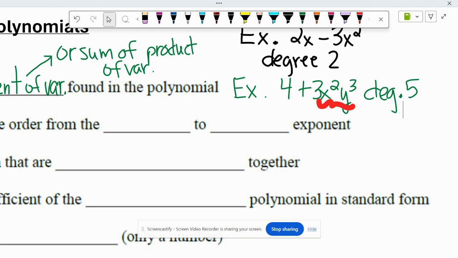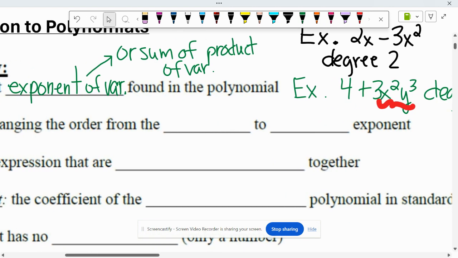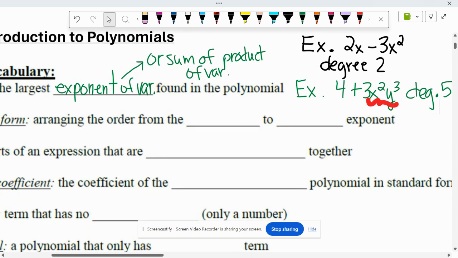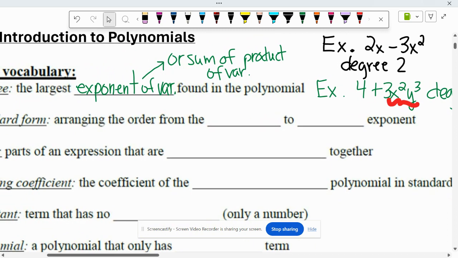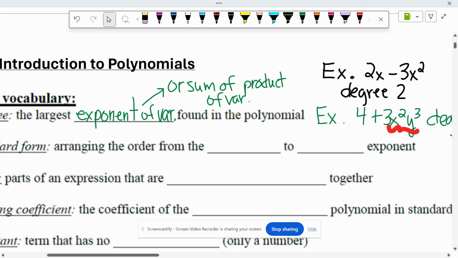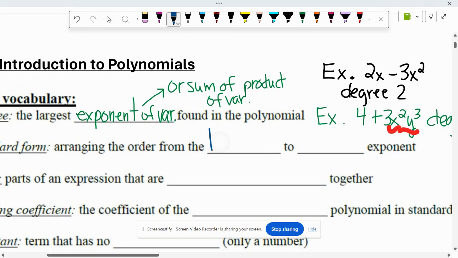The next one is standard form. So if I think back, I know that we had the standard form of a linear function. We've had the standard form of an exponential function. Every kind of equation that we set up in mathematics has a standard form. And the standard form for a polynomial is that we arrange the exponents from the largest to the smallest.